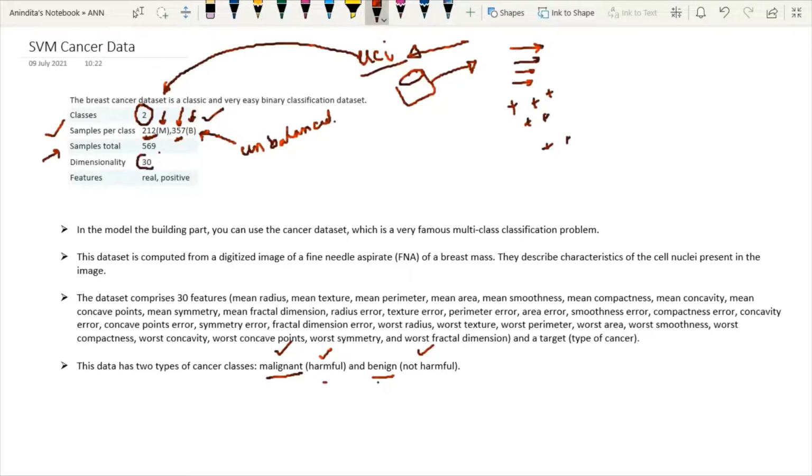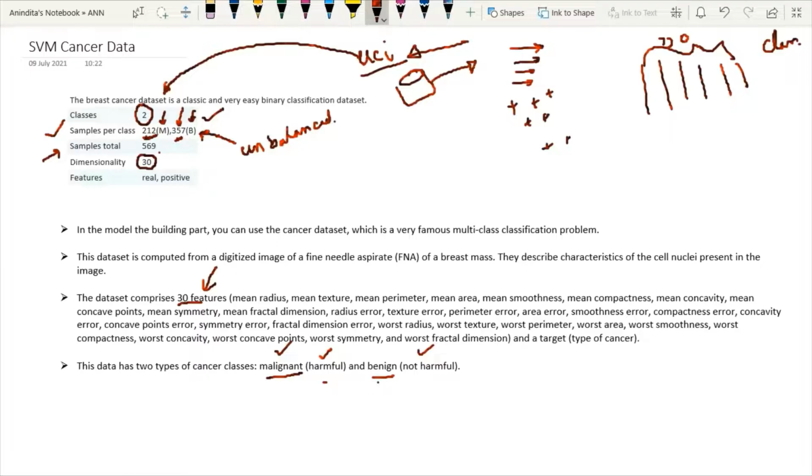Now let's talk about the dimensionality of the data set. The dimensionality of the data set is 30. So what do we mean by dimensionality? Here 30 dimensionality means we have 30 features, means 30 columns. All these columns will contribute to finding the proper types of classes.